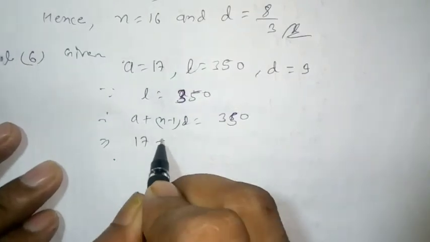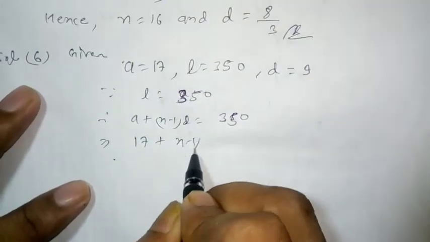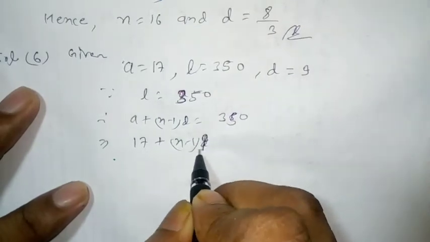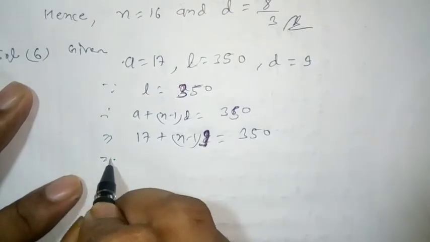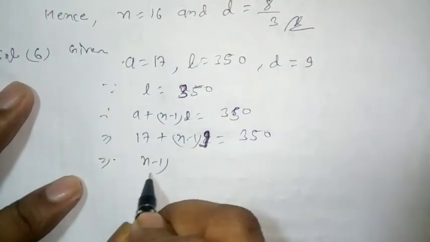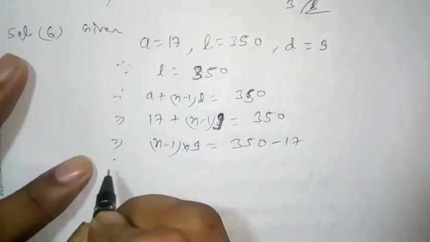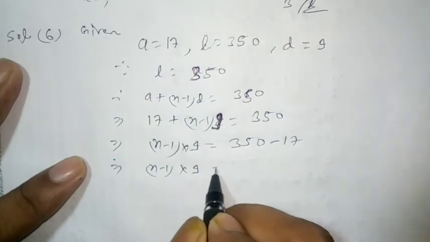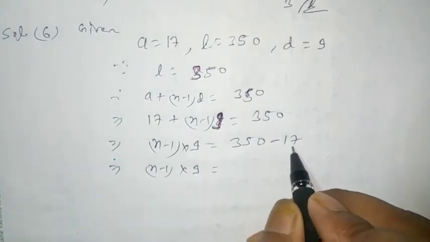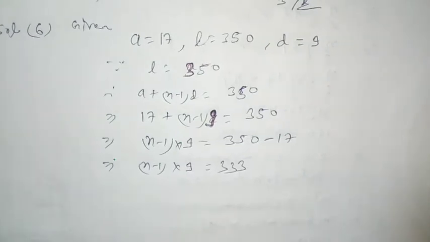Implies 17 plus (n minus 1) into 9 is equal to 350. Implies (n minus 1) into 9 is equal to 350 minus 17, implies (n minus 1) into 9 is equal to 333.